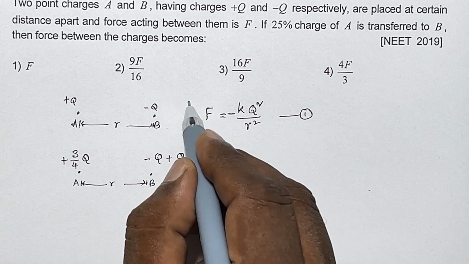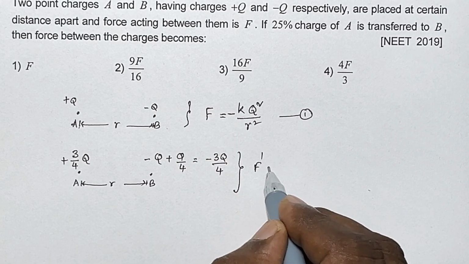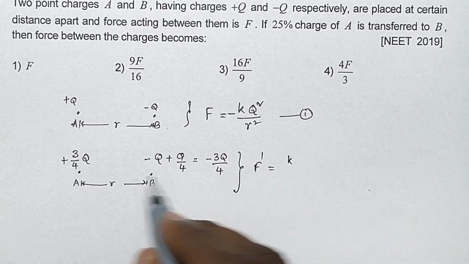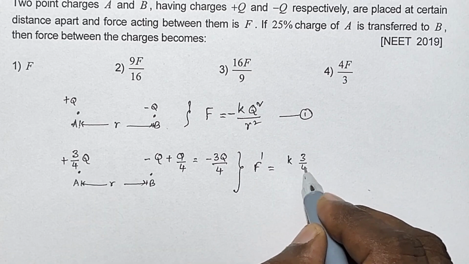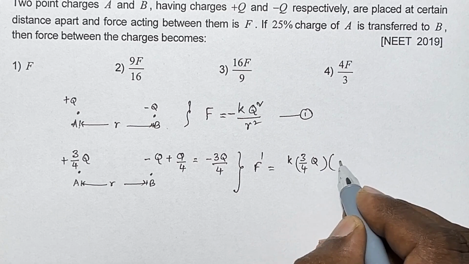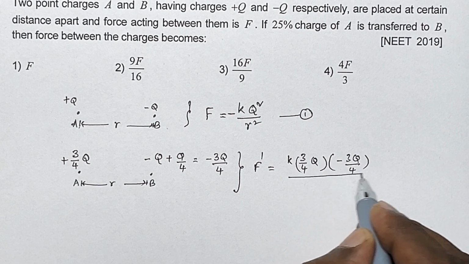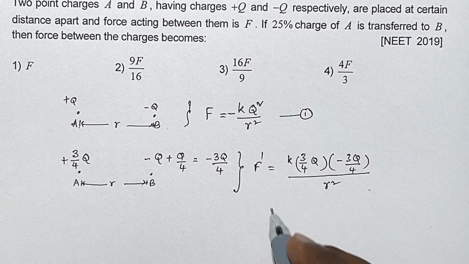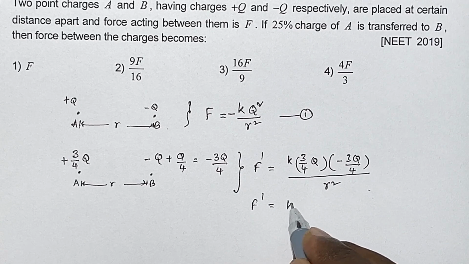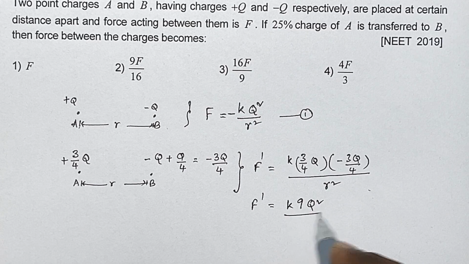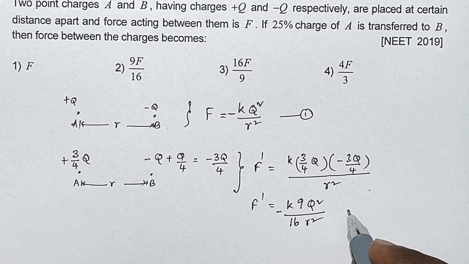Now force is, so F dash, the new force, is equal to K into 3 by 4 Q into minus 3Q by 4 by R square. So let us simplify this one. F dash is equal to K, 3 3s are 9, Q square by 4 4s are 16, R square, minus.